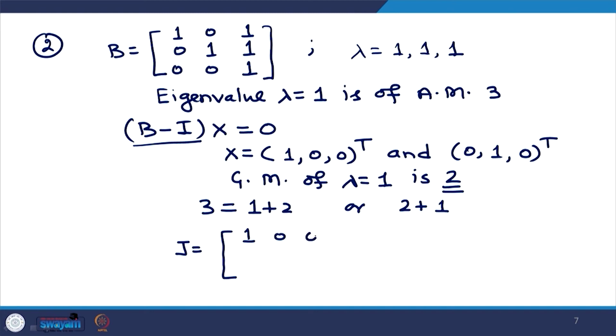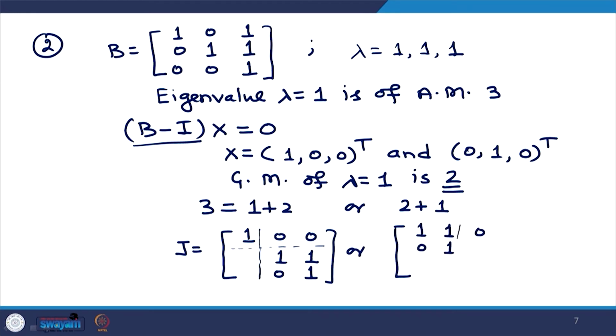So, 1 0 0, this is a block of size 1, and then 1 1, 0 1, or first the Jordan block of size 2, 1 1, 0 1, and then the Jordan block of size 1. I forgot to write the zeros here. So, this is the Jordan canonical form of B. However, generally we consider these two the same up to reordering of the Jordan blocks.